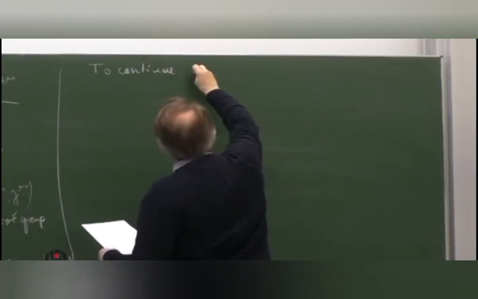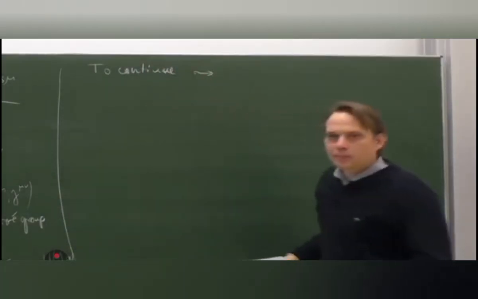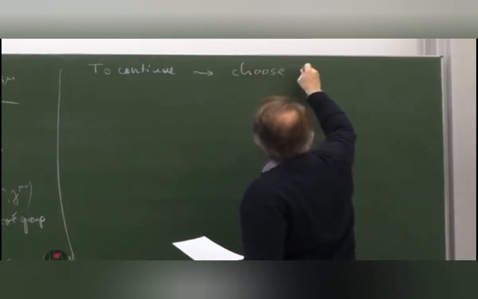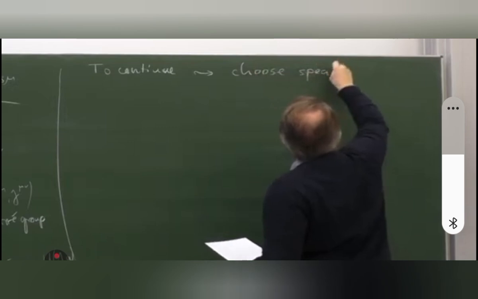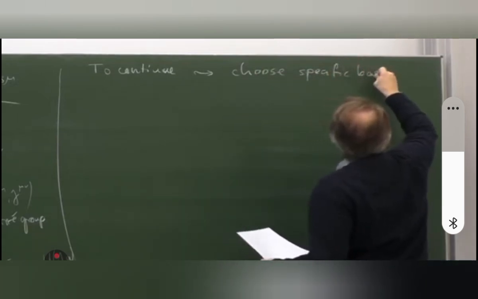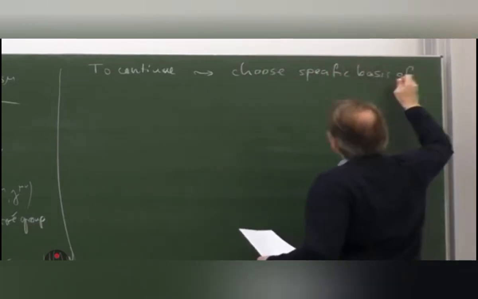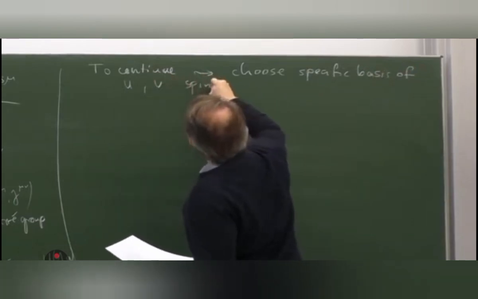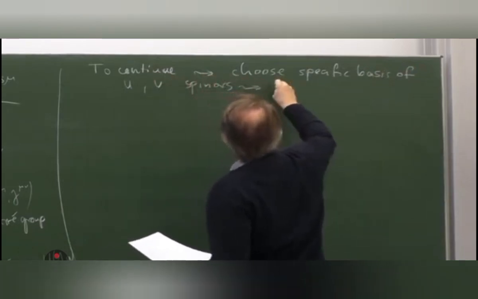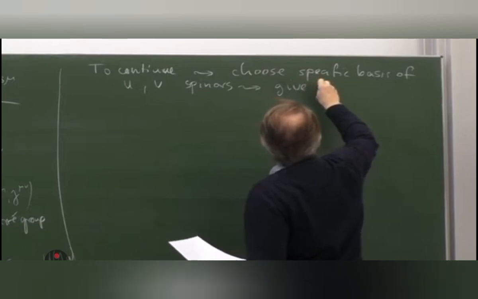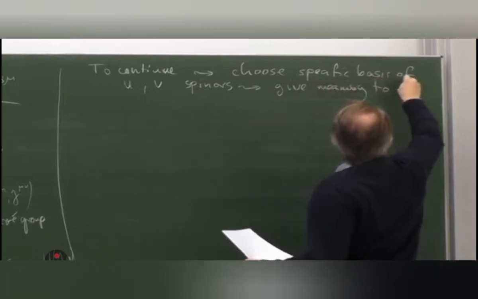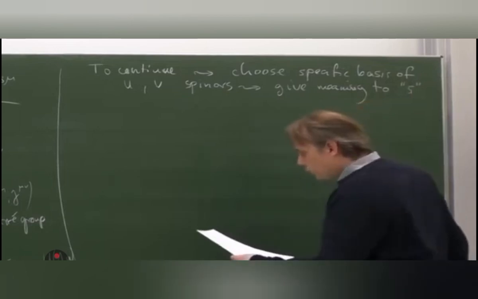we now have to become a little bit more specific. Namely, we need to choose a specific basis of spinors of U and V spinors, which in other words means that we give a meaning to our index S. What do I mean?